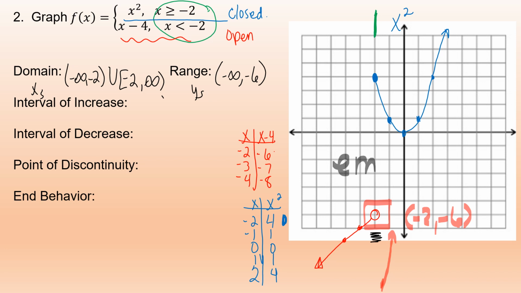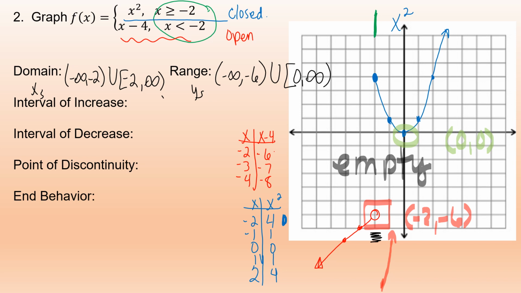All of this stuff right here is empty. It is not included in the range. So we're going to pick our range back up, starting at this y value, the vertex of that quadratic function at (0, 0). So our range is then going to continue on, union, bracket from 0 up to positive infinity.